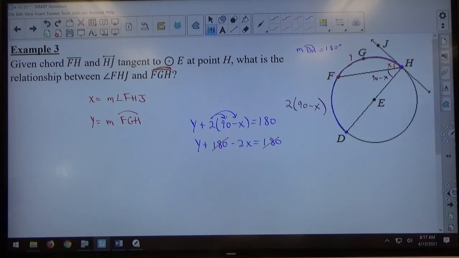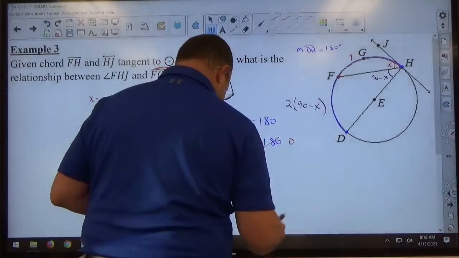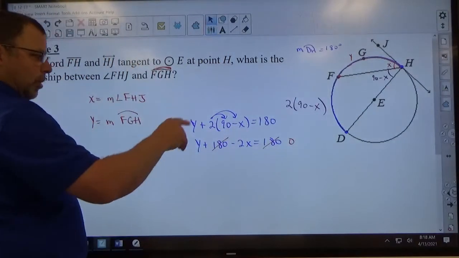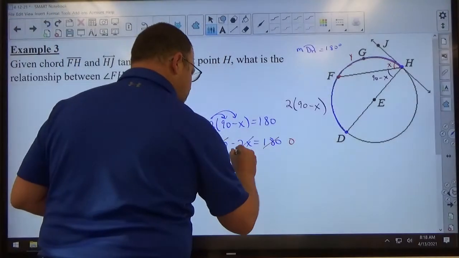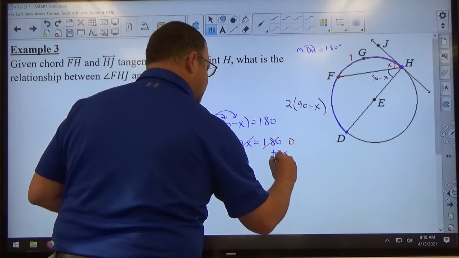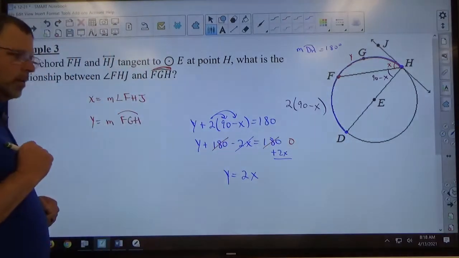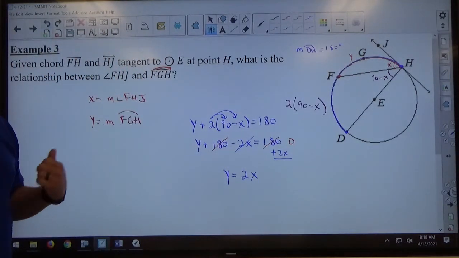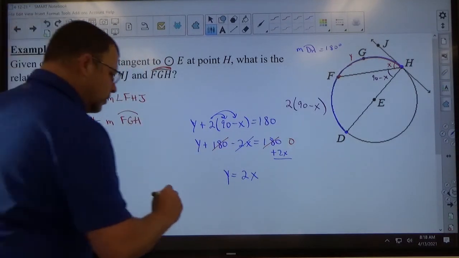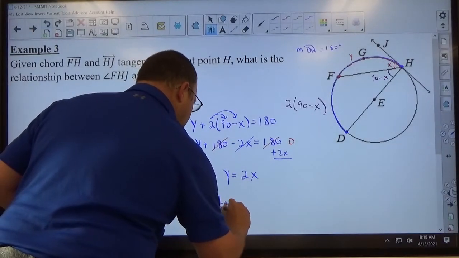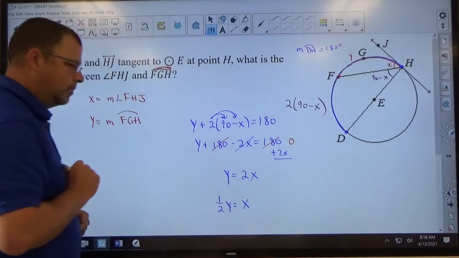In essence, I subtracted 180 from both sides, which left a 0 on the right-hand side. To get y equals, I move the 2x to the right, and I get y equals 2x. If I divide both sides by 2, 1/2 times y equals 1x.